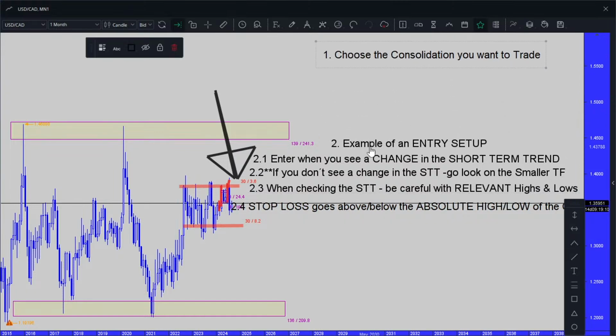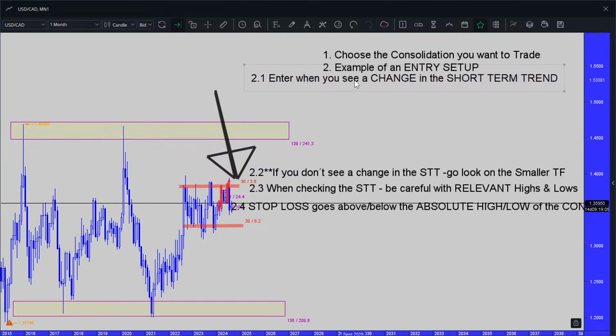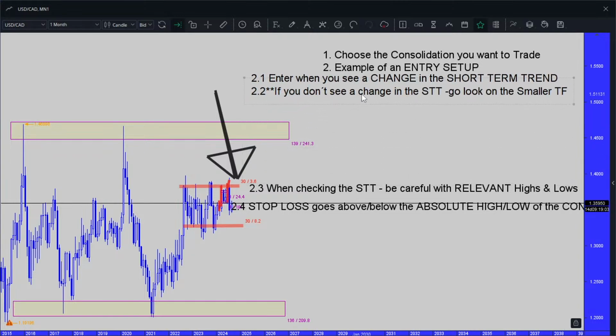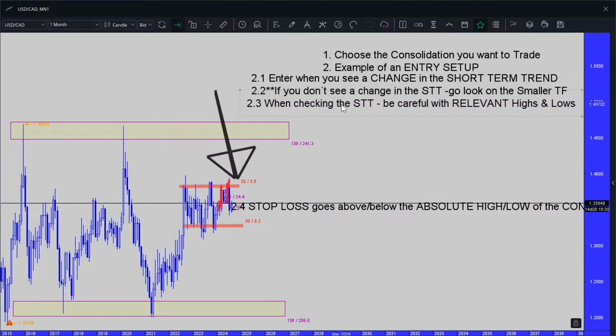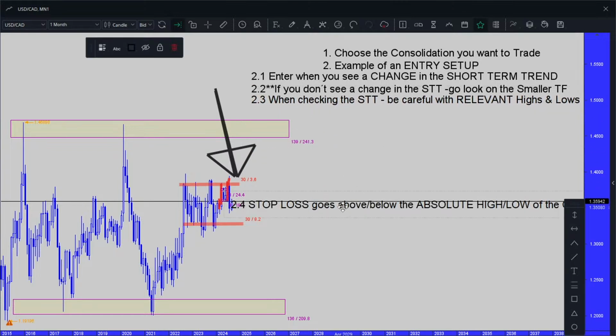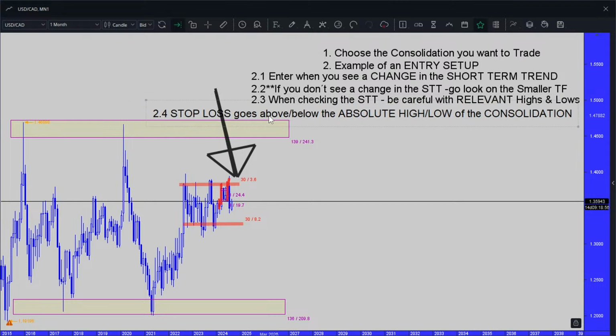So 1, 2, this is just an example, everybody, right? You can take it for yourself, it's nothing special, you can trade it. All right, now we're going to check if this stands.